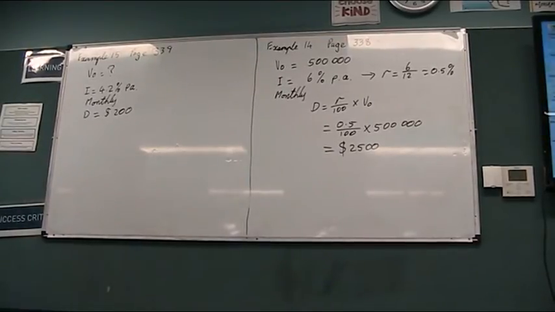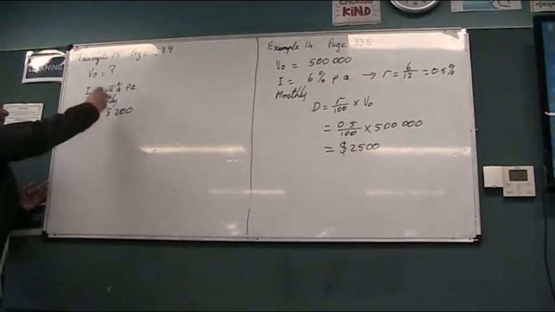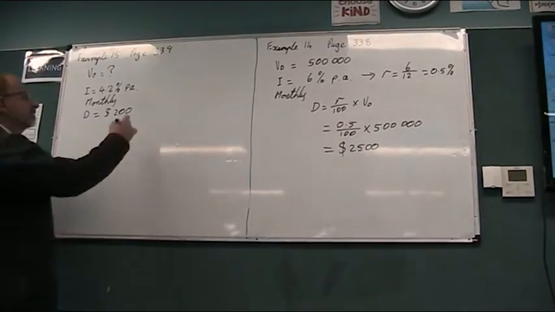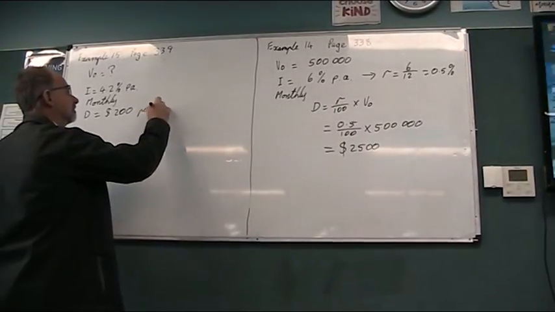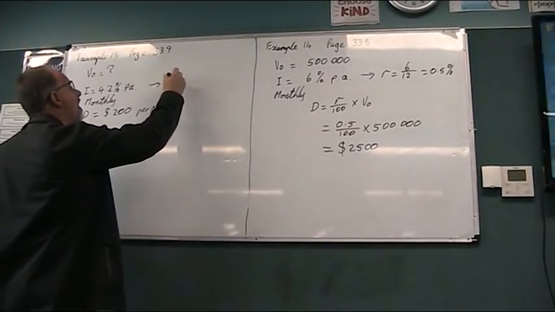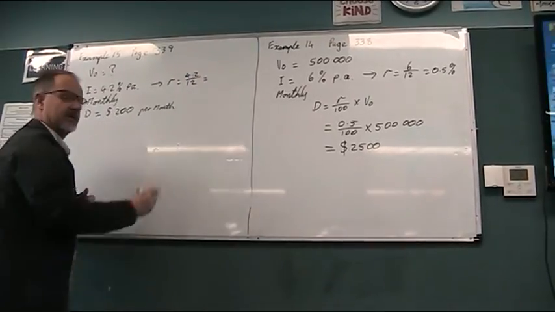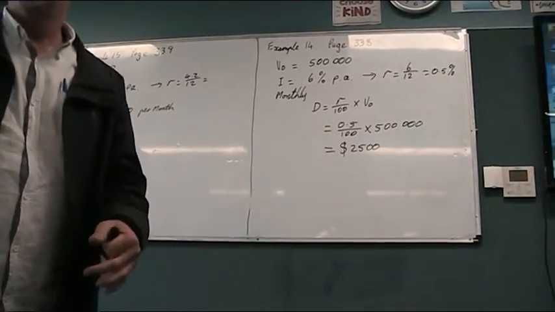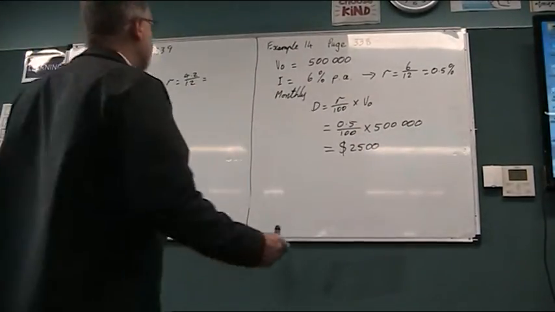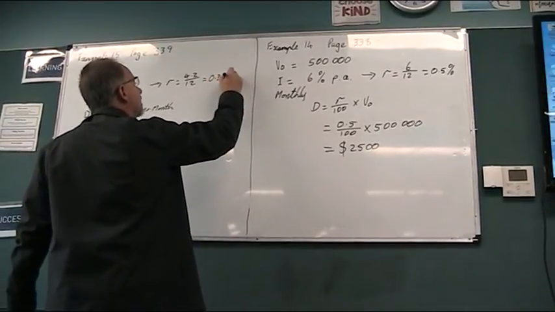Before we use our formula, we'll change the interest rate to monthly. To do that, I divide by 12. 4.2 divided by 12 becomes 0.35% per month.